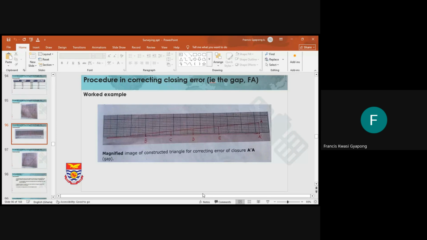Let your dot touch the line EA, and that dot should be 0.45 or 0.5.